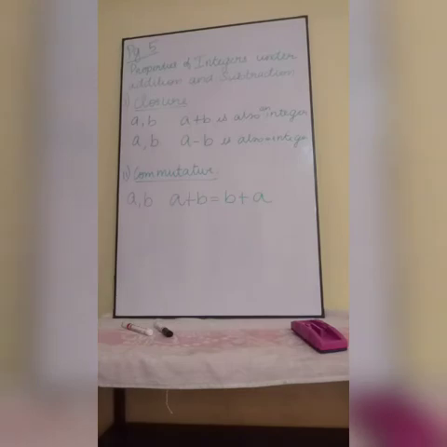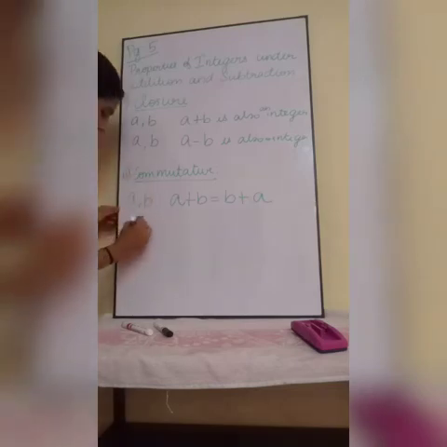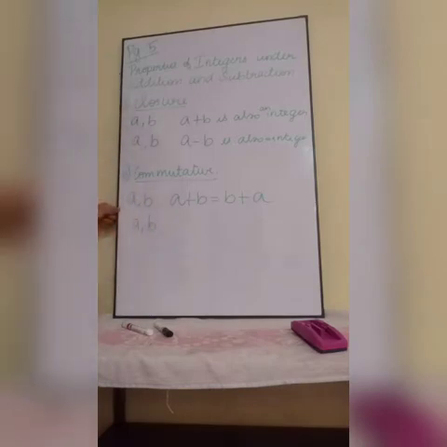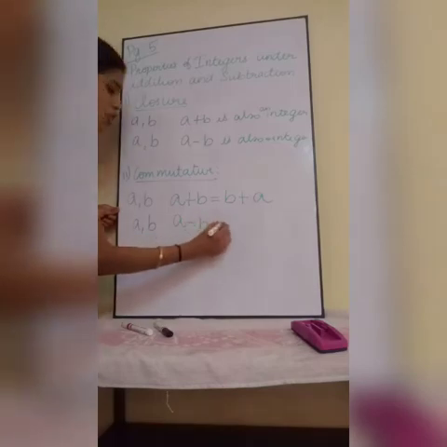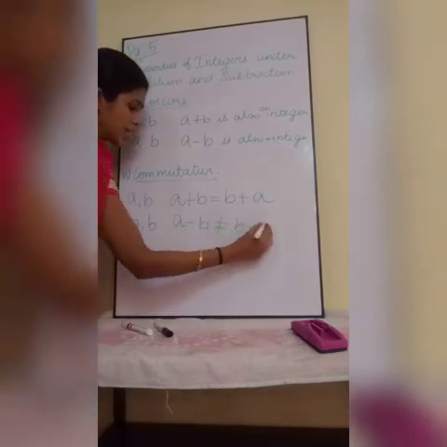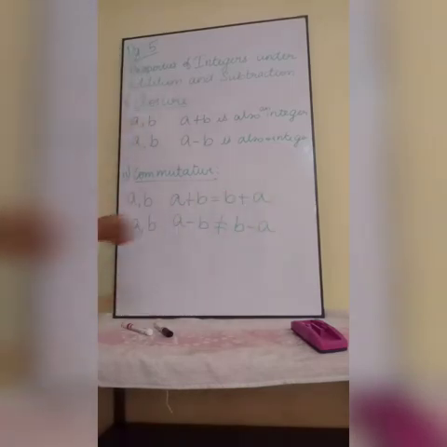Next, under subtraction we are going to find whether it is possible or not. So a minus b is not equal to b minus a. So the commutative property does not satisfy for subtraction.